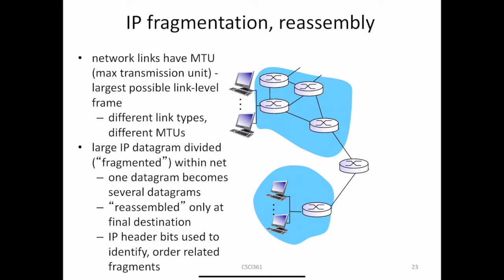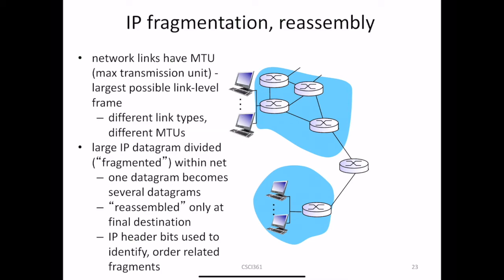So the network link layer has an MTU, which is short for maximum transmission unit, the largest possible link-level frame. That means for each frame there is some restriction, and different link types may have a different MTU size.